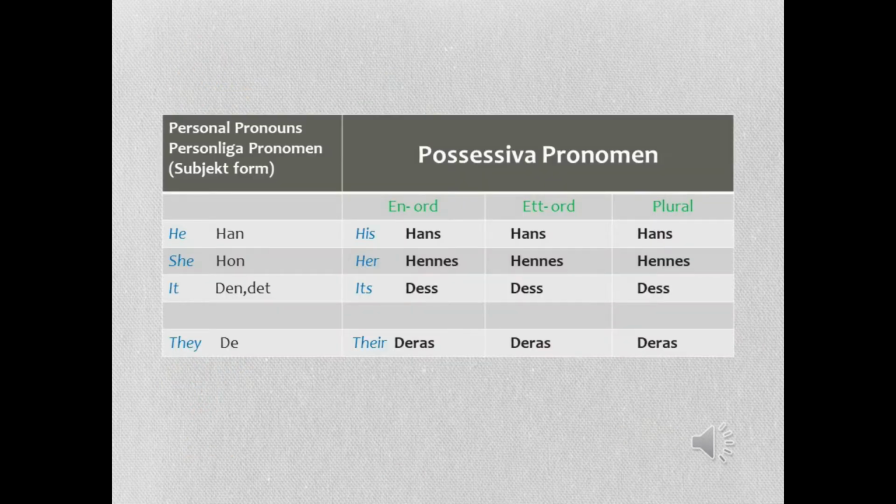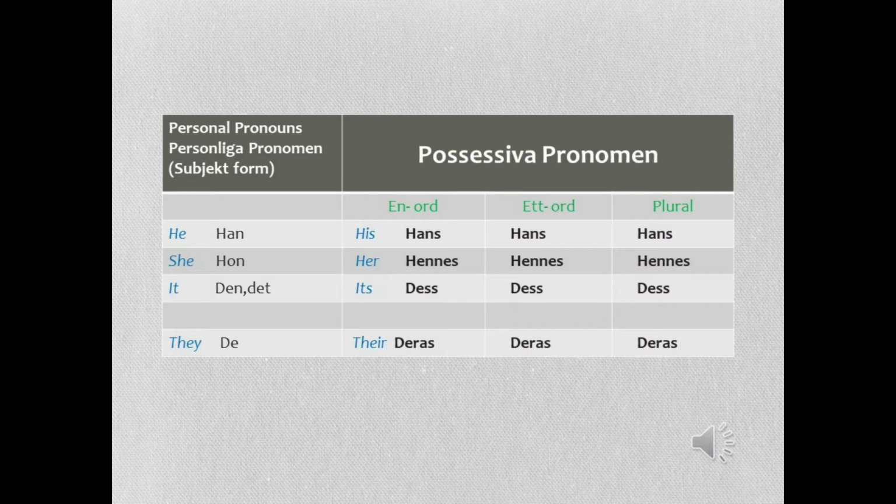Now, let me give you more examples of possessiva pronomen. In this slide, you can see two columns. The first column shows personal pronouns, while the second column shows the possessive pronouns. If you want to learn more about personal pronouns, please check my previous video. Alright, here we have he, han.